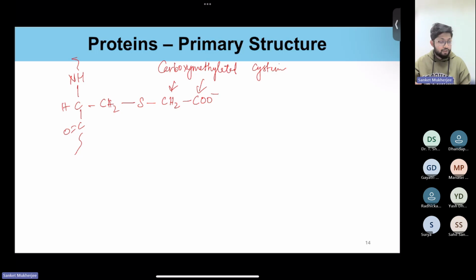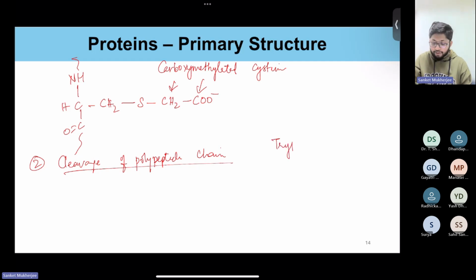So after this, what we go for is cleavage of the polypeptide chain. For that, we have different reagents. Let's say trypsin. We already discussed trypsin. It's again a protein. It cleaves after lysine and arginine.